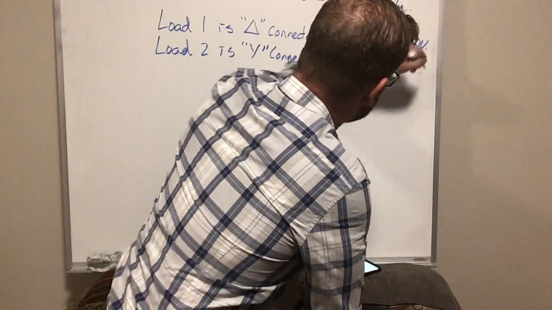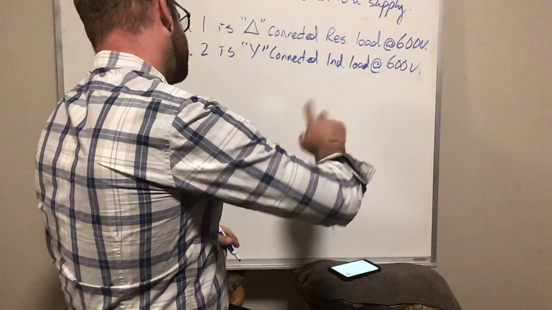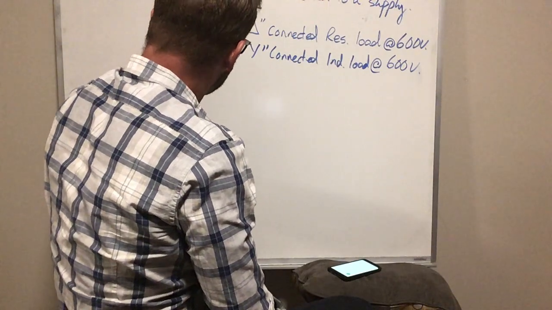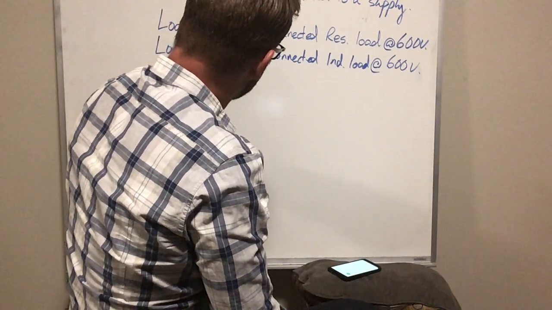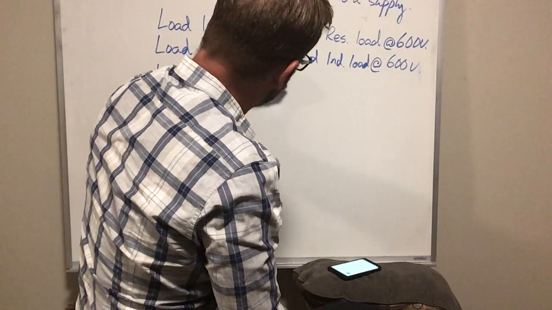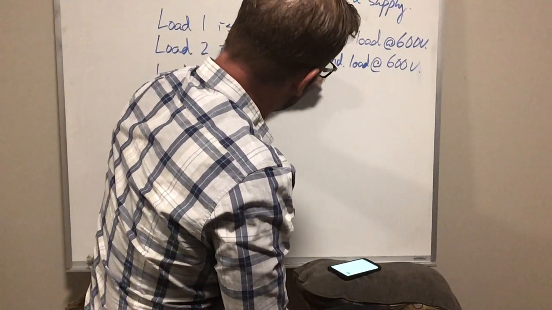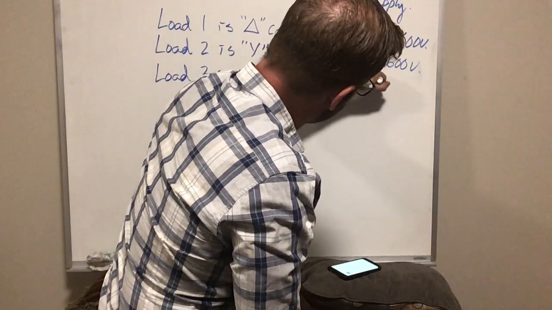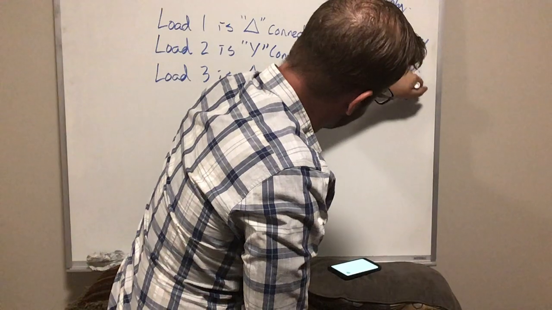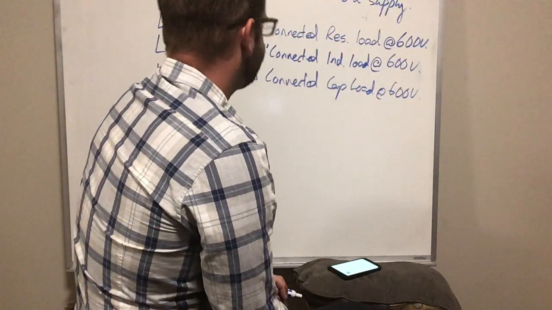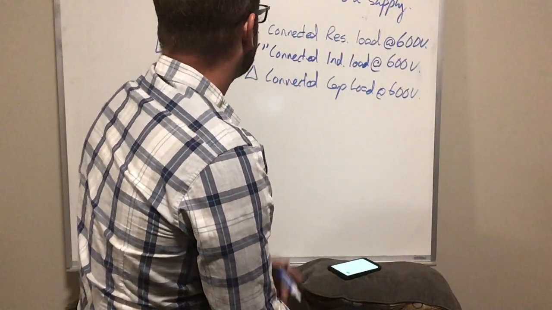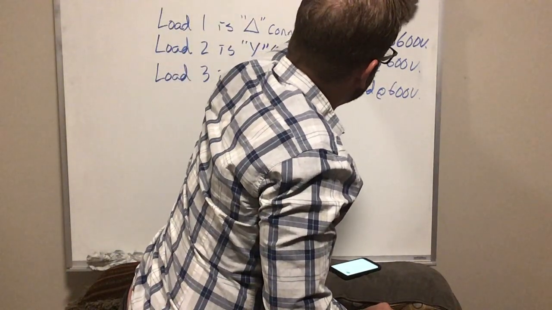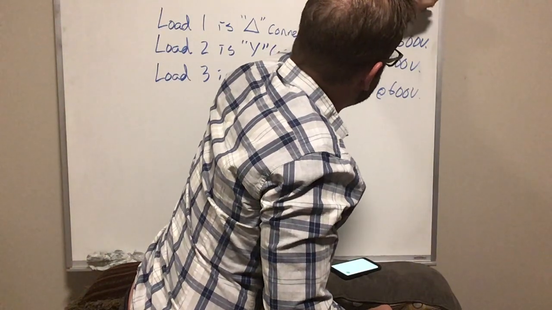I did it backwards. I just do them all at 600 volts. I was trying to do something a little different, but it would just make things too confusing. And we'll have our supply in, let's do delta.